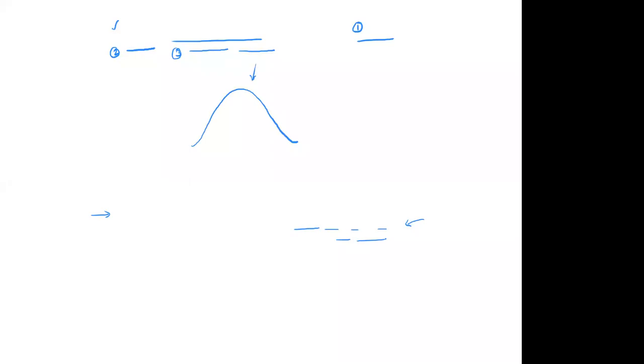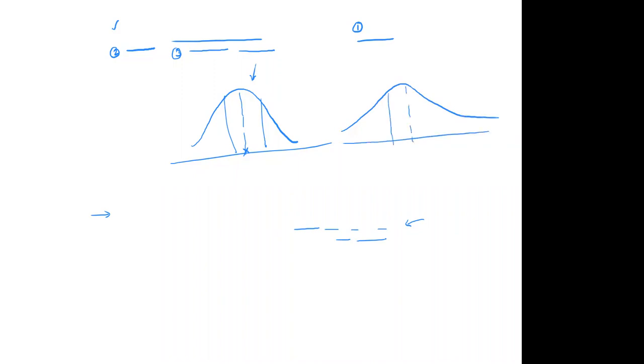You can see most of the data points are right around here. However, let's consider another bell-shaped curve. This is a bell-shaped curve too. Again, most of the data points are around here.